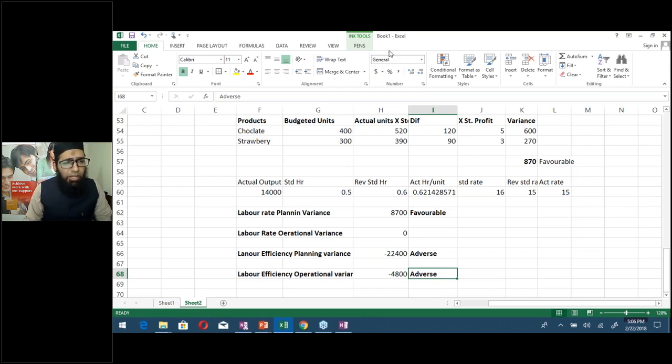Well, we can ignore that even in the formula, but I don't do that because this is a very helpful guideline for me. I can simply calculate the variances, and whenever there is a negative sign, I calculate in such a way that the negative sign will automatically tell me that this is an adverse variance.